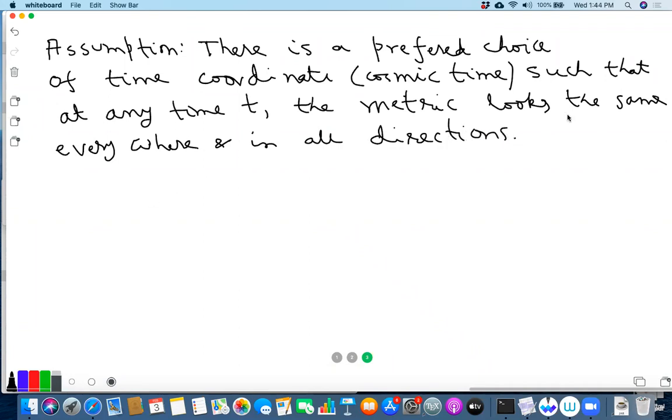Okay. And this is a somewhat loose statement, "looks the same". Okay, this I'll try to make clear later, what exactly this means.